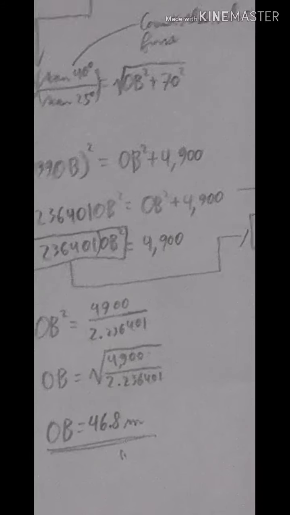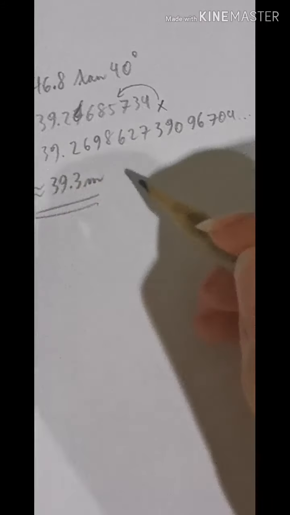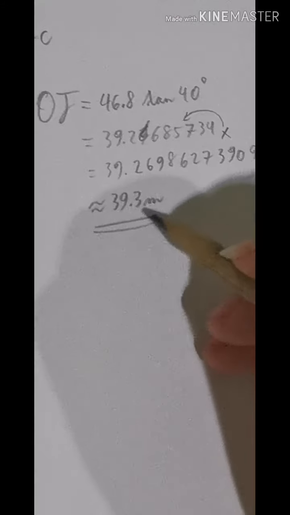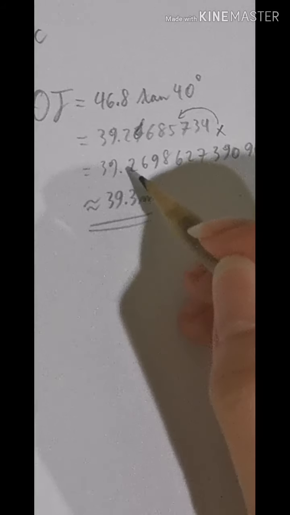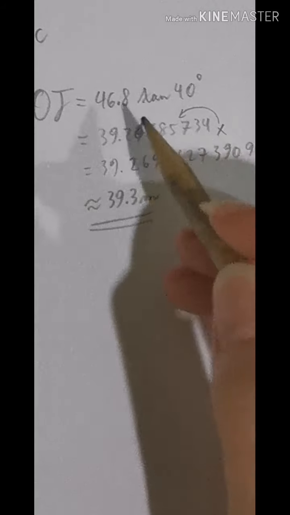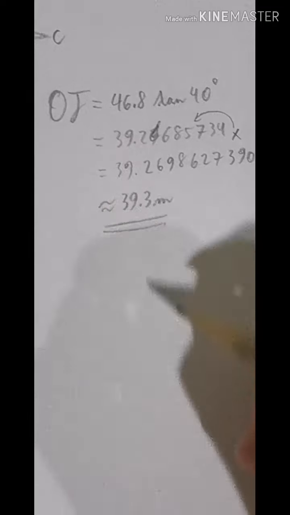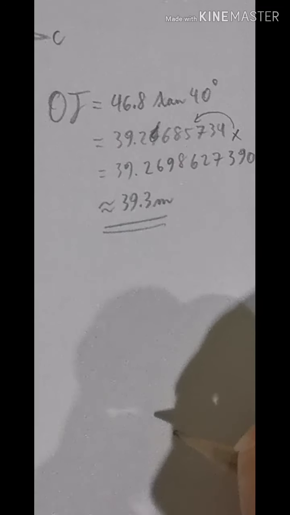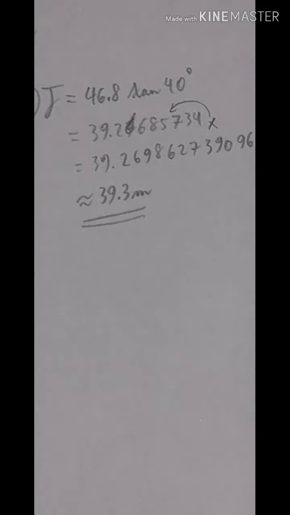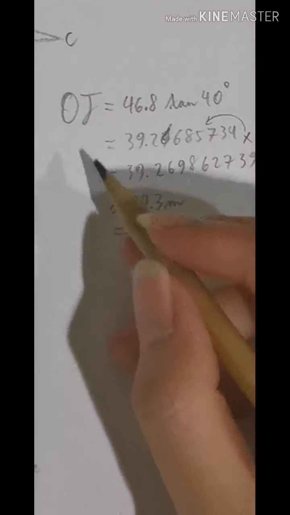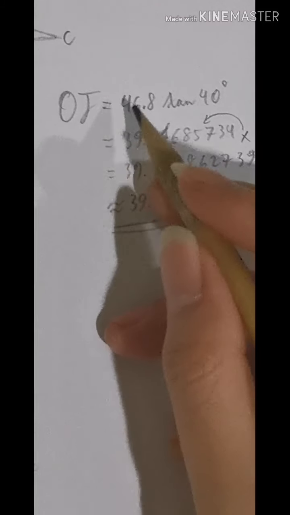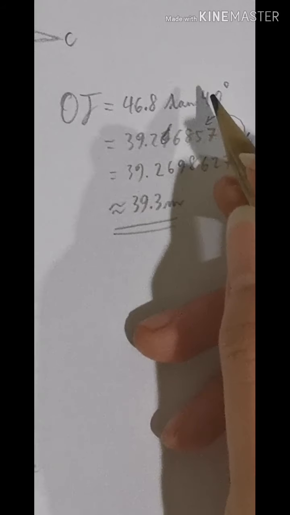Now moving on to OT, since they didn't only ask OB, they asked for the tower's height too. Since we know the perfectly complete picture now, you can explain that OT will be equal to 46.8 times the tangent of 40 degrees.